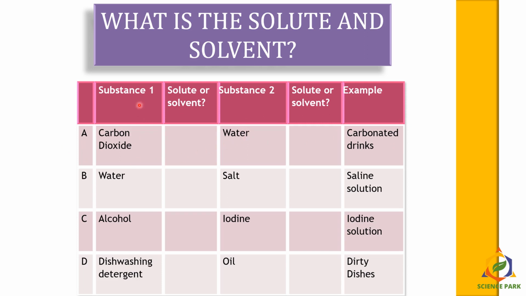And this is the example of a carbonated drink, right? So which is a solvent and which is a solute here? You have to find out, think about it, draw this chart in your notebook, write down your answers, and we'll discuss it further in the discussion period.